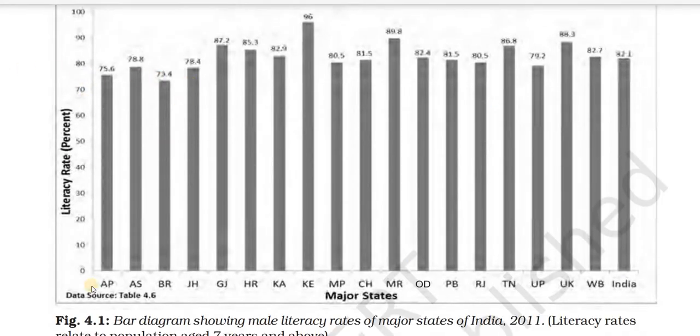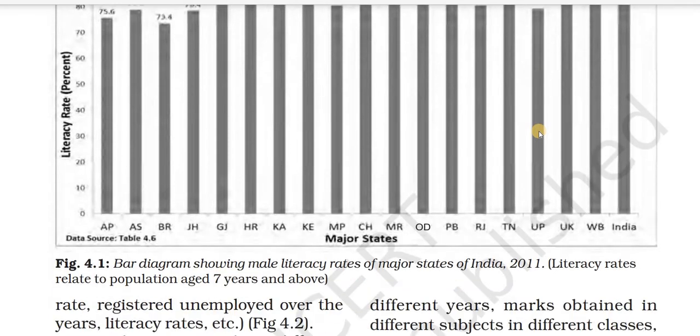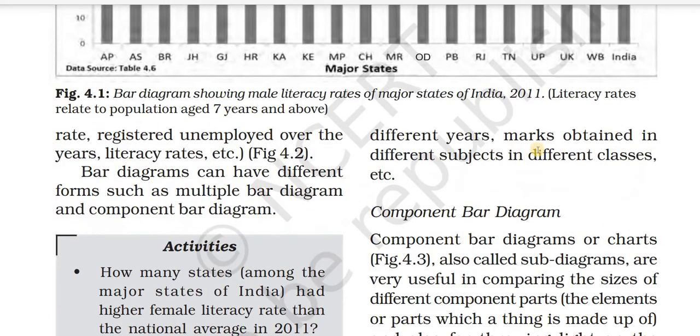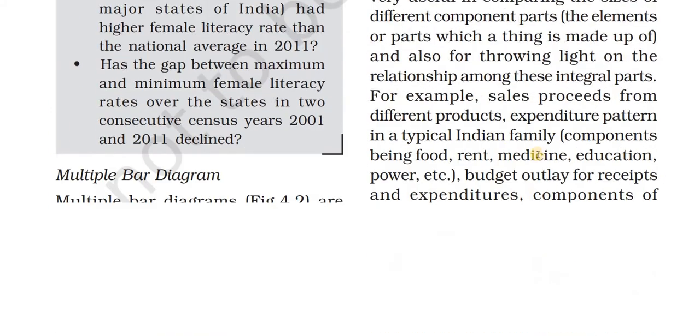Like this we need to mark it; 75 will come here. Then Assam, it is 70. Bihar is 75.6, like that. We marked the male literacy rate in this diagram. A bar diagram can take different forms: simple bar diagram, multiple bar diagram and component bar diagram.